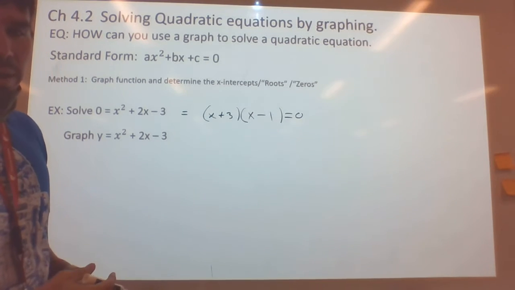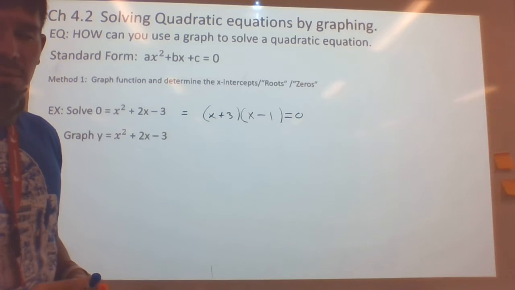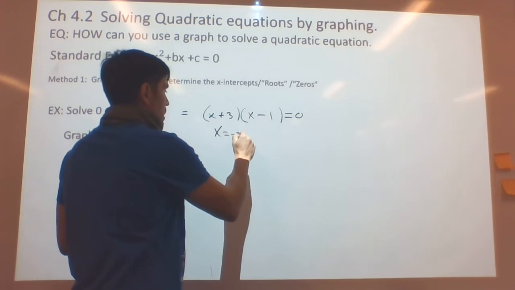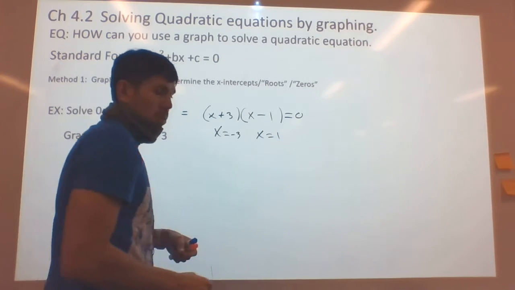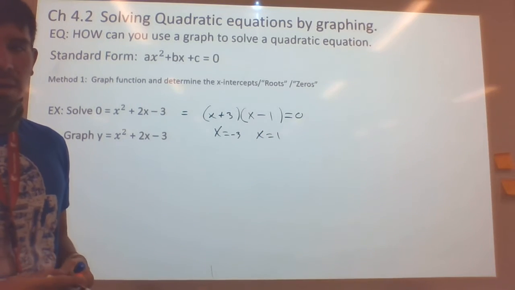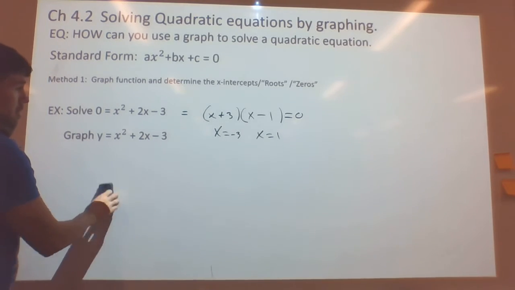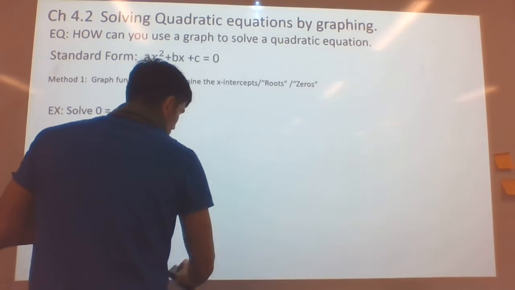If you solve here, you're going to get x equals -3 and x equals 1. So those are your zeros, and those are your solutions if you factor. Again, two methods: graphing or factoring.